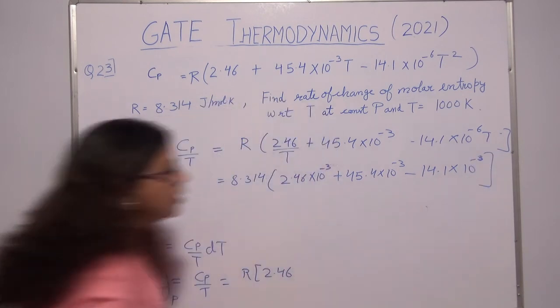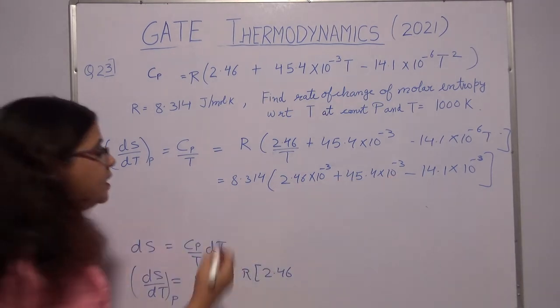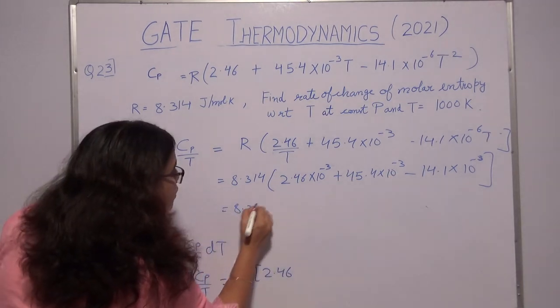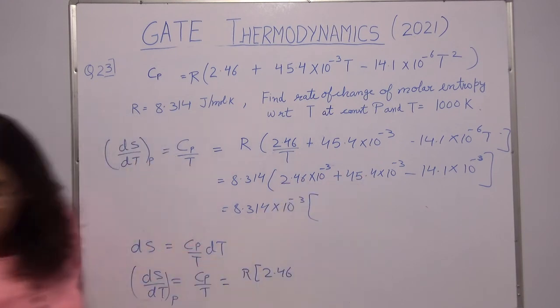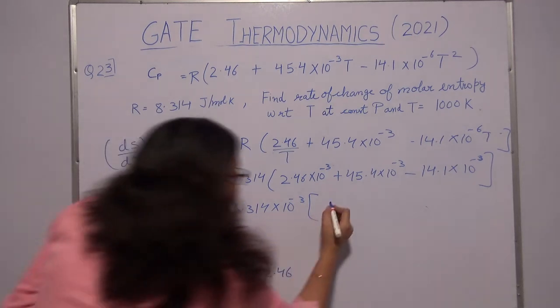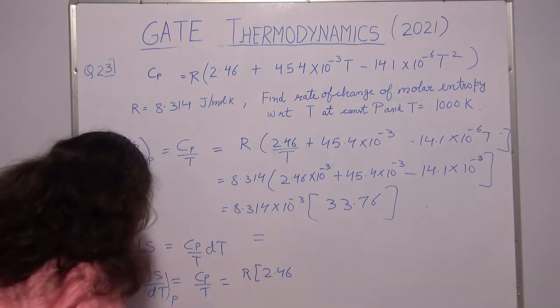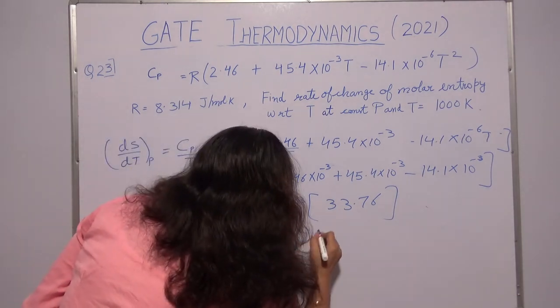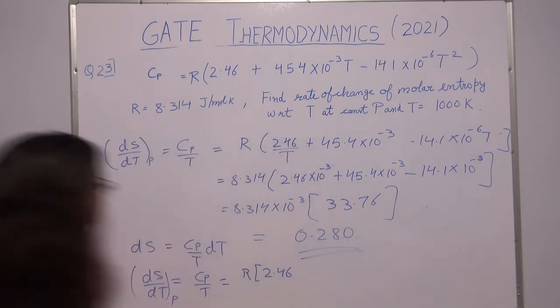Everything is multiplied by 10 raised to minus 3, which I can take out and add everything else. If you add it and then multiply, it comes out to be 33.76. Do the multiplication and your answer comes out to be 0.280. That is the answer.